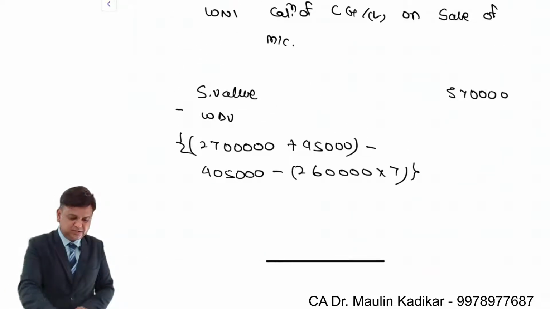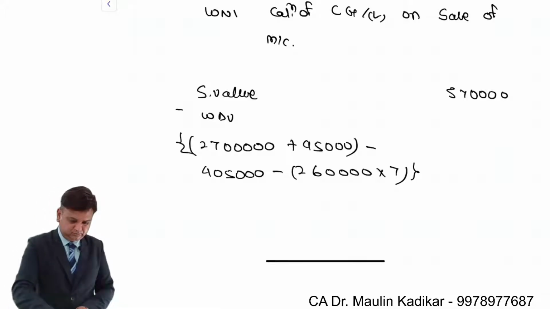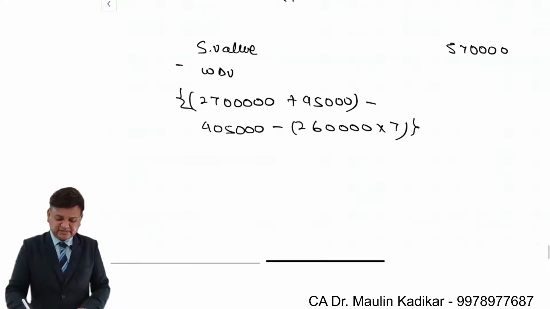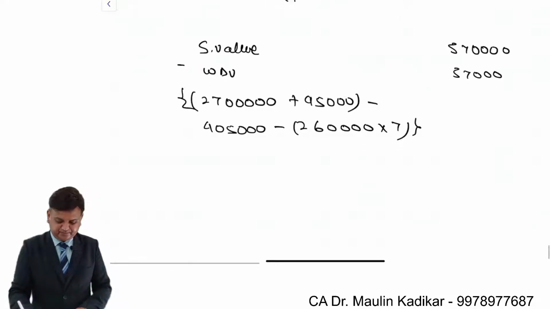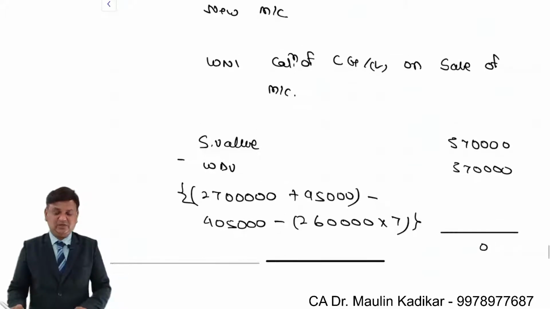So 2,60,000 into 7 is 18,20,000, and 4,05,000. They are deducted from 27 lakhs and 95,000. So WDV is exactly 5,70,000. So there is no capital gain, no capital loss. That is the first working note.